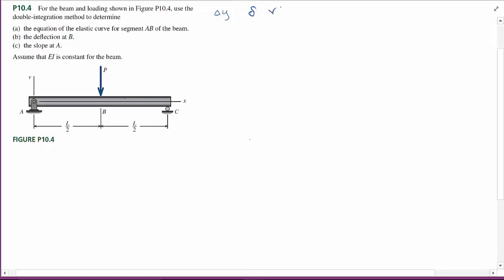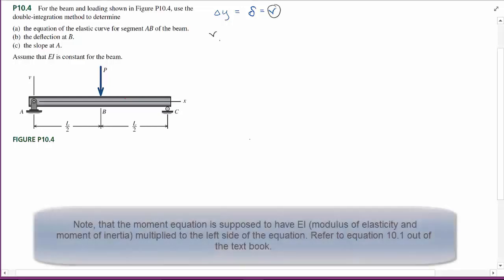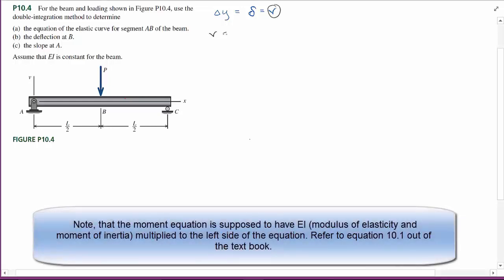That's a nu, it looks like a V. So note that all of these are the same. Do not confuse nu with shear, which I have done in the past. Believe me, it will make your life difficult and your instructors will think you're not paying attention. So to follow the textbook, we're going to use nu, and this is deflection.